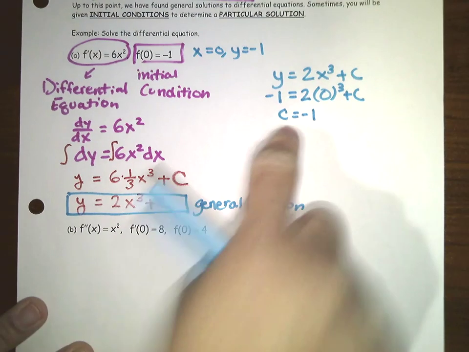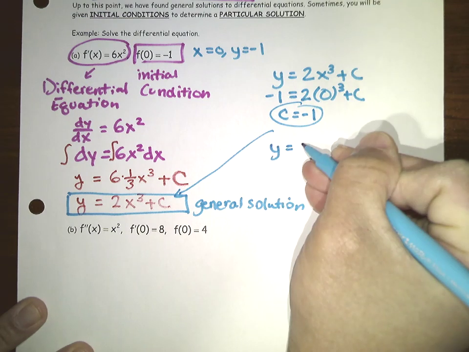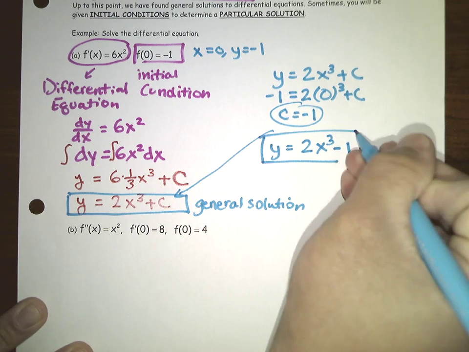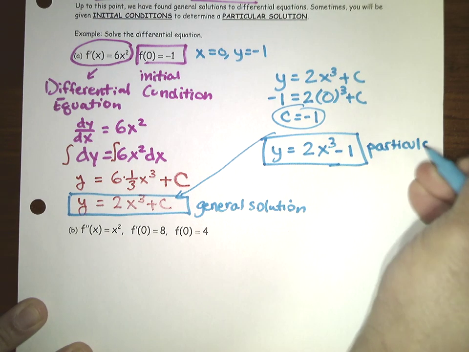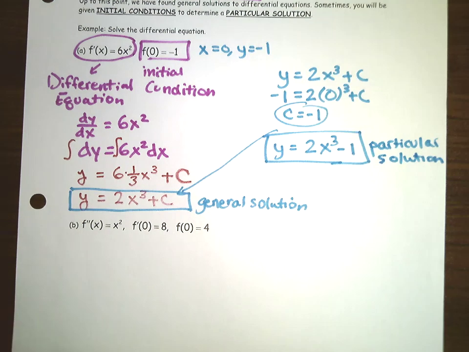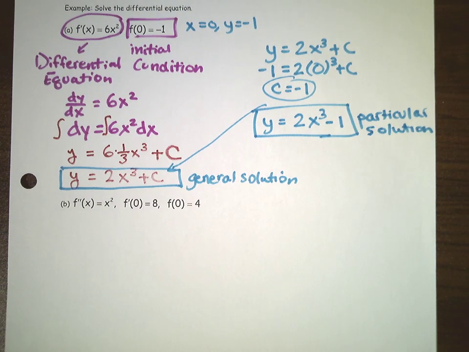So then if I substitute that back in here, I have y is equal to 2x to the third minus 1, and that is what I call a particular solution. So this is actually just the same thing that we did before, but now we are taking it one step further to solve for the c value given some condition that we were told.